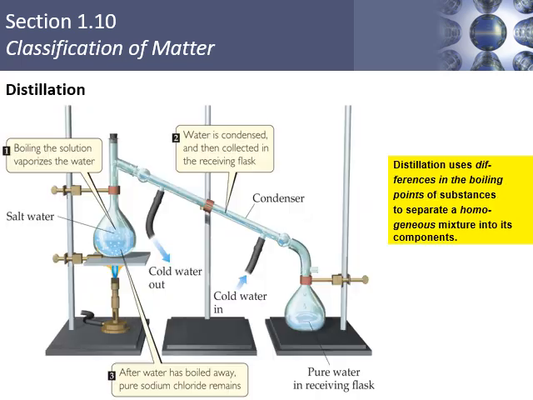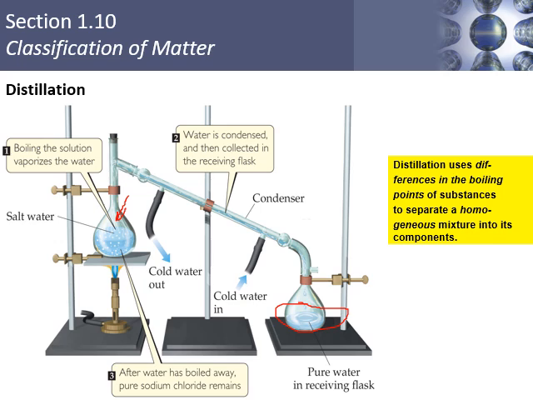Next slide. This is the way that you'll do this in organic. This is a distillation apparatus, which is actually the best experiment we do at HCC as far as I'm concerned. You start off with something that's mixed together, and you distill it, and then you get one of the pure components to come off over here by boiling it.